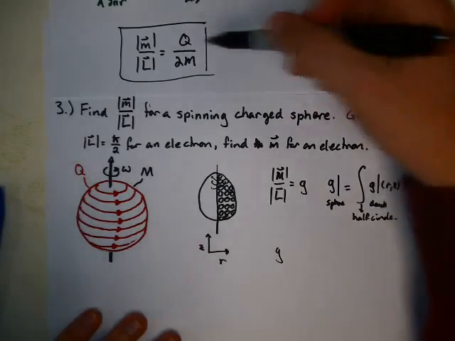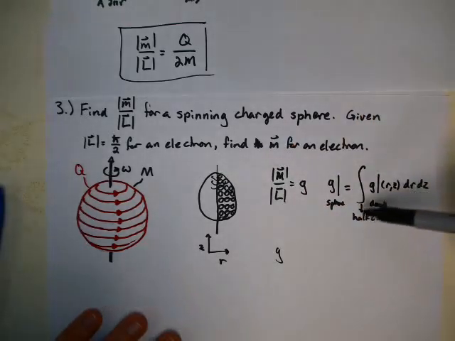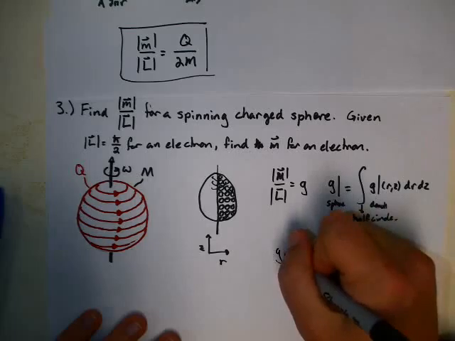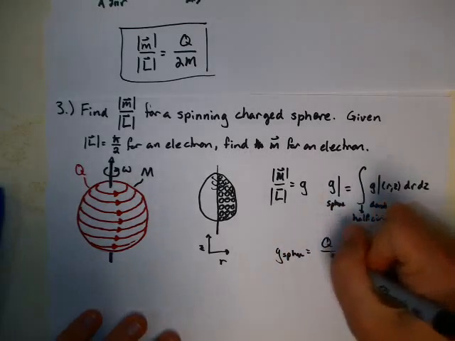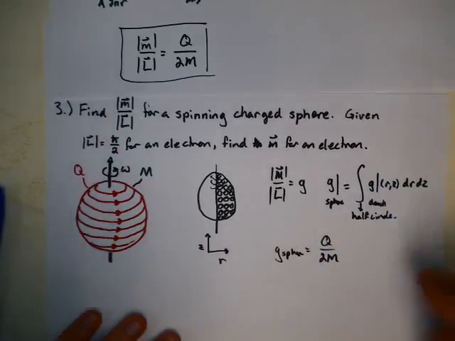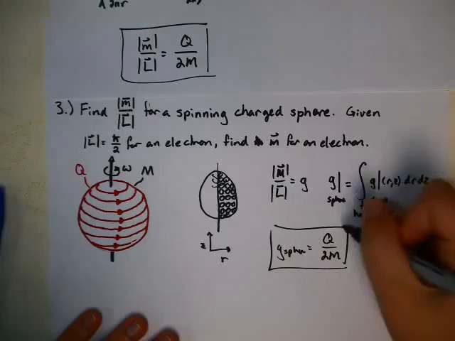The Q for each little donut would be the Q divided by whatever the area is. When you integrate over the area, you're going to cancel those areas out. So the gyromagnetic ratio for the sphere is going to be Q over 2m. So that's the first part.